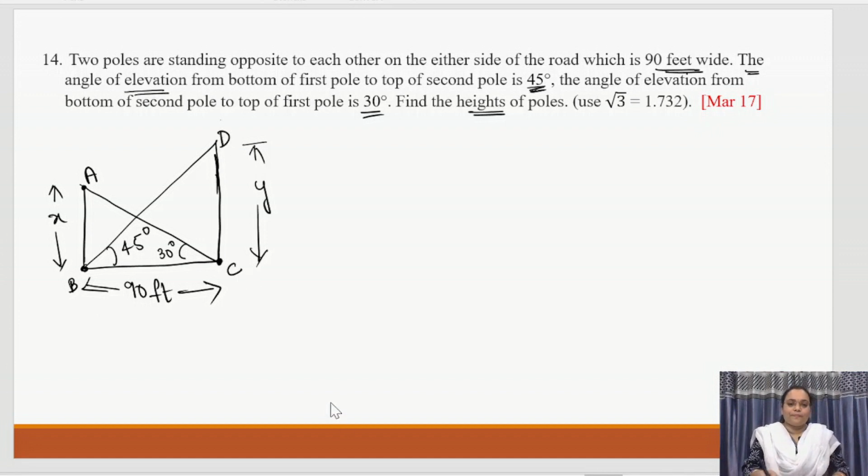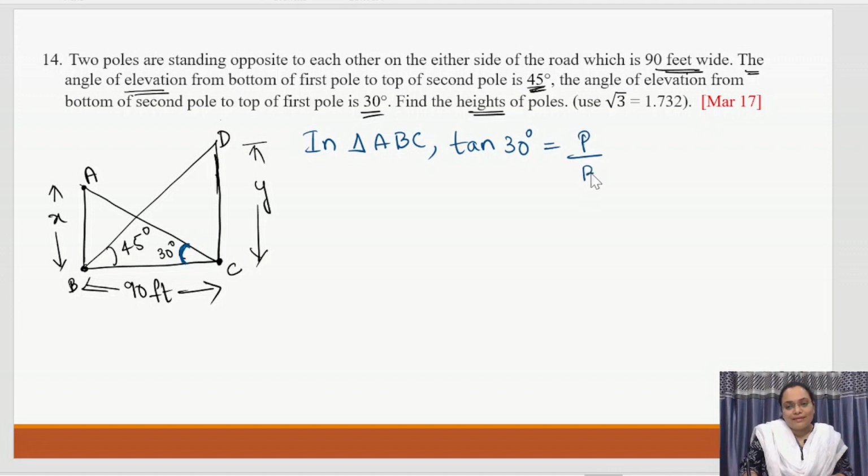Now see here. Let us take one triangle first, which is A, B and C. In triangle ABC, you can apply tan 30 degrees. Tan 30 degrees is equal to perpendicular by base.